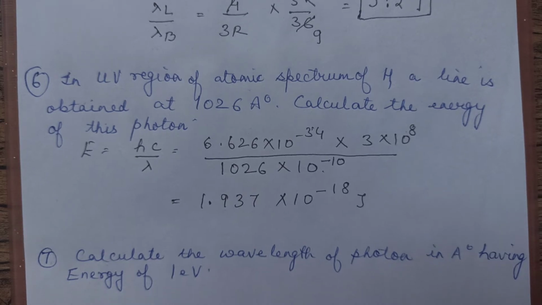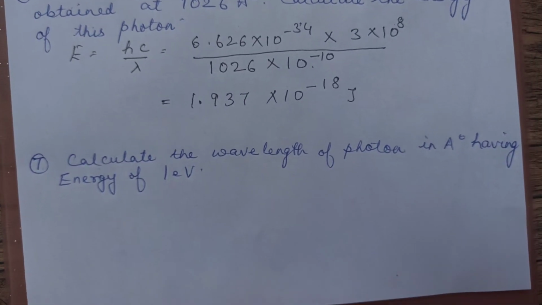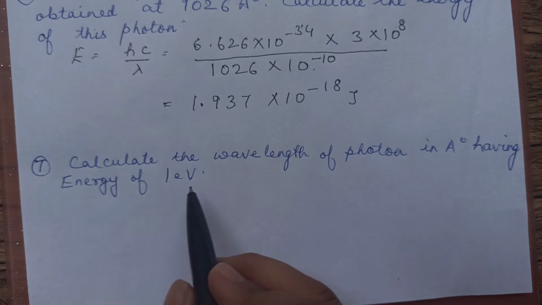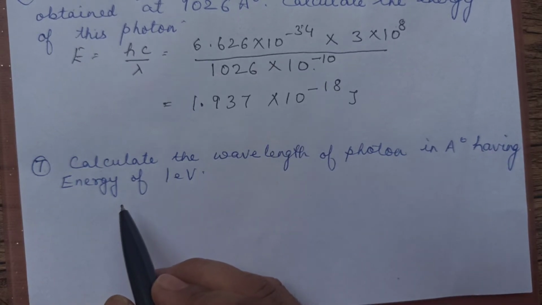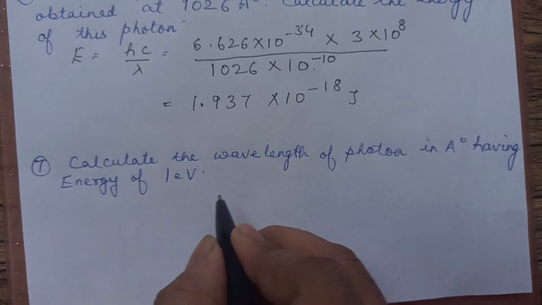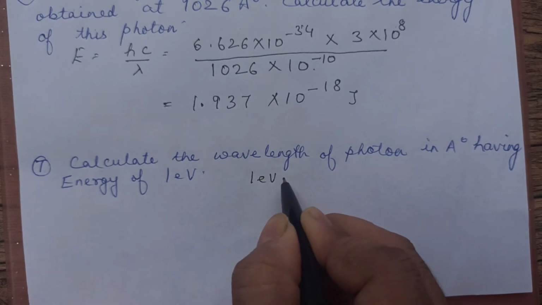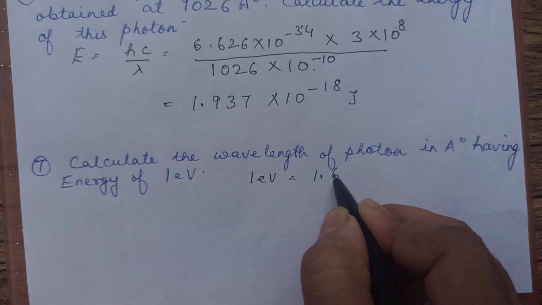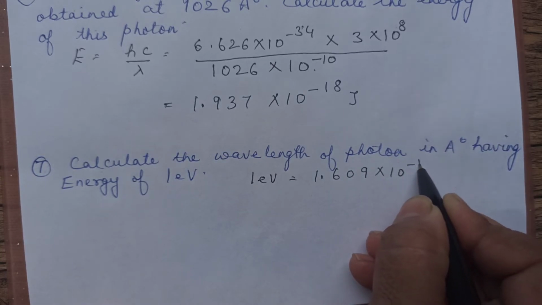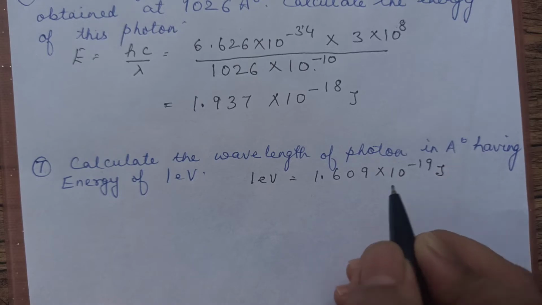Okay. Now, next question, children, we are taking here is this one. Calculate the wavelength in angstrom unit of the photon having energy equal to 1 electron volt. We know first, that we will write here 1 electron volt is 1.609 into 10 to the power minus 19 joules.